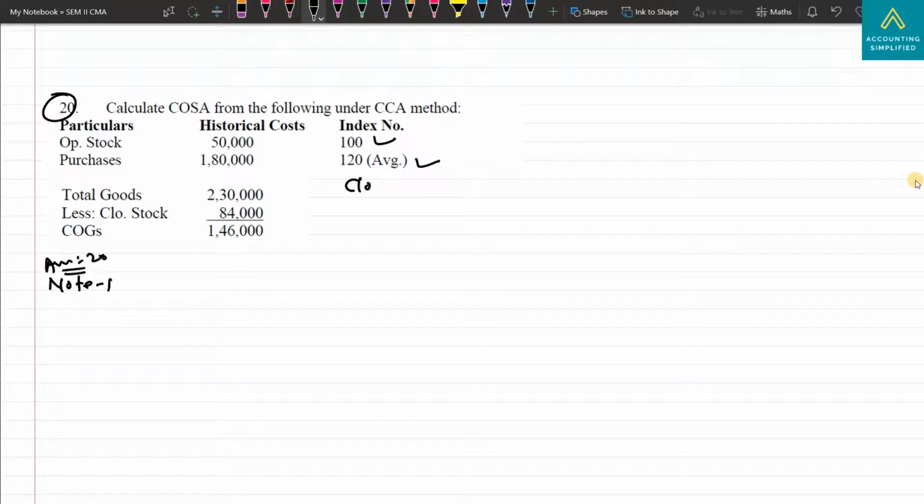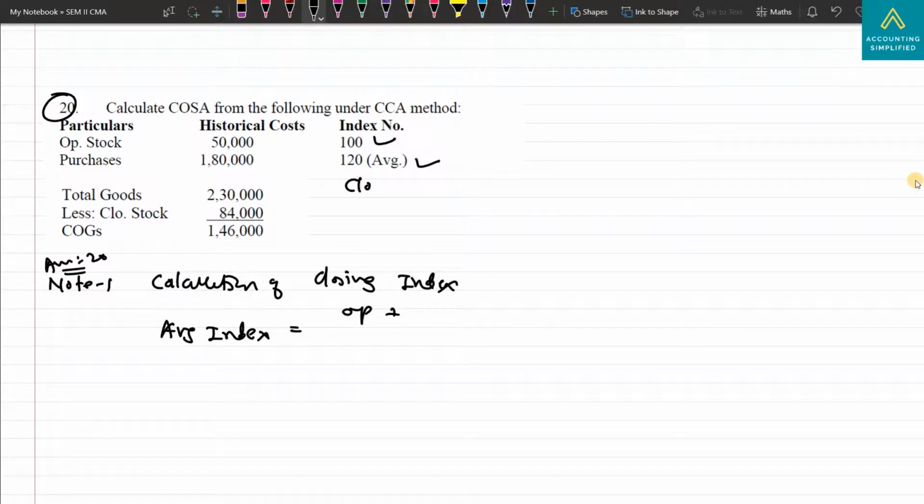Note 1, calculation of closing index, right? So average index is equal to opening plus closing divided by 2. So let's do it.